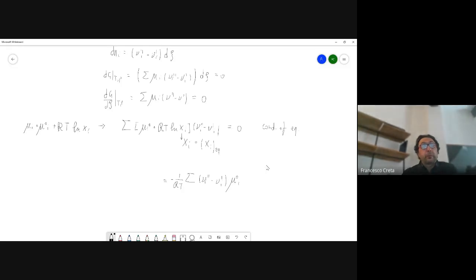Remember that this is a function of temperature. And on the left-hand side, we are left with still the difference in stoichiometric coefficients times the natural logarithm of the mole fractions. So this essentially represents the equilibrium composition, and this is essentially a function of temperature, okay?